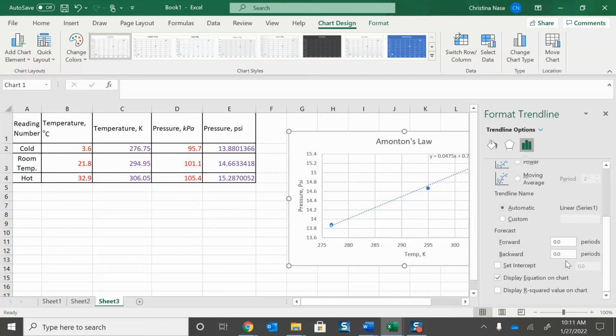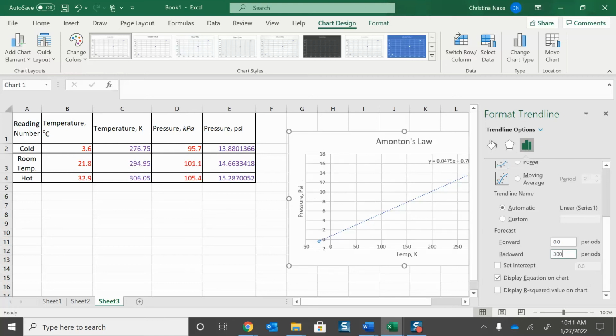If I bring this down here and say go backwards maybe 300 or so, I'm basically extending the scale so I can see where the line crosses the x-axis, where zero pressure would be, and what temperature that would be. So it's actually a little bit less than absolute zero. It should be about zero, depending on how good your data is.